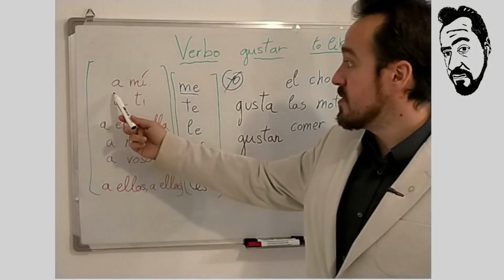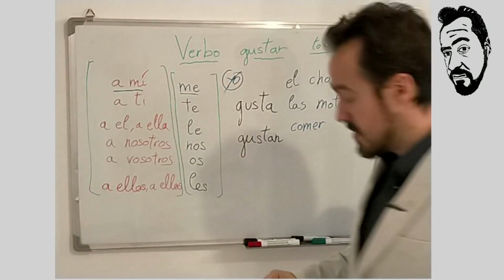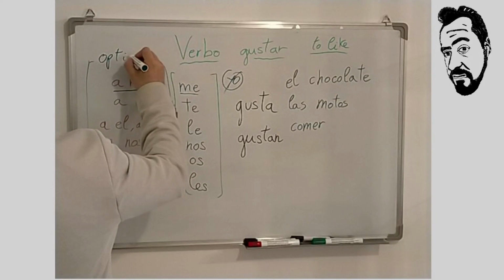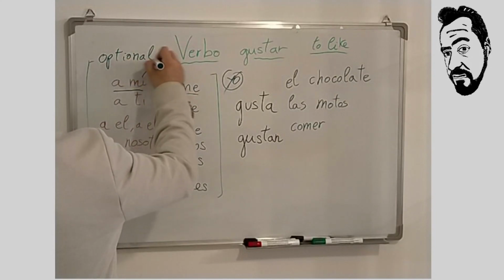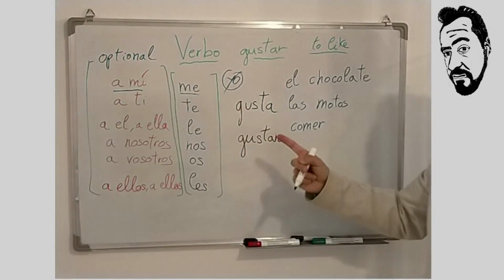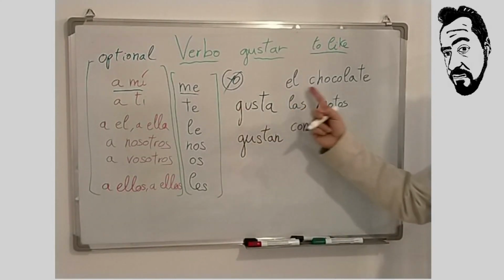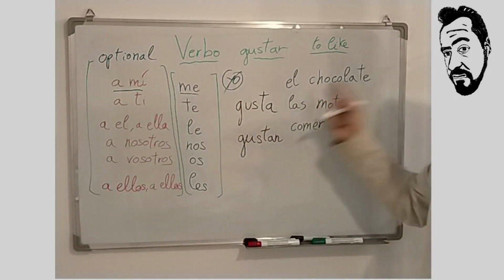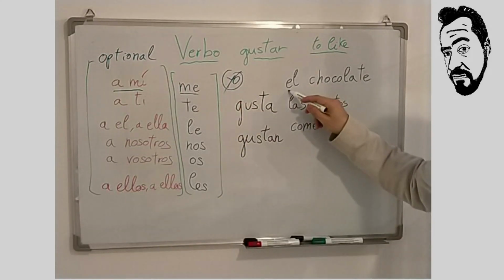Remember, this is optional. I'm gonna cut it here. Optional. So, me gusta el chocolate. I like chocolate. Remember, you have to use the article.